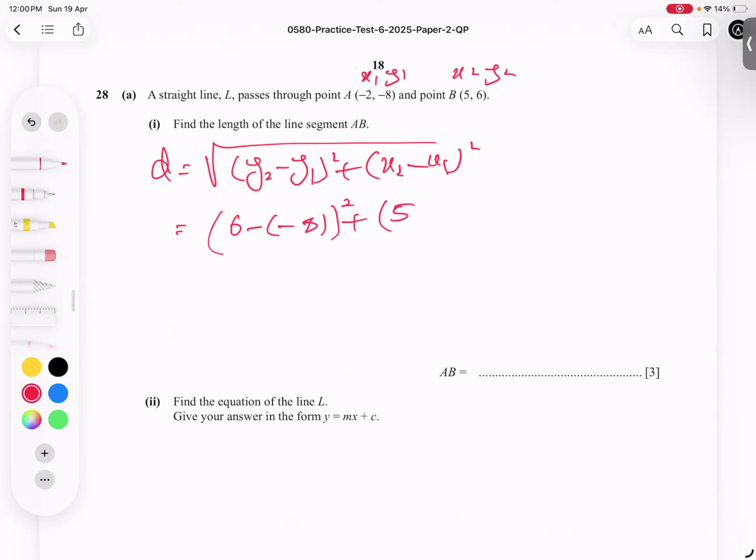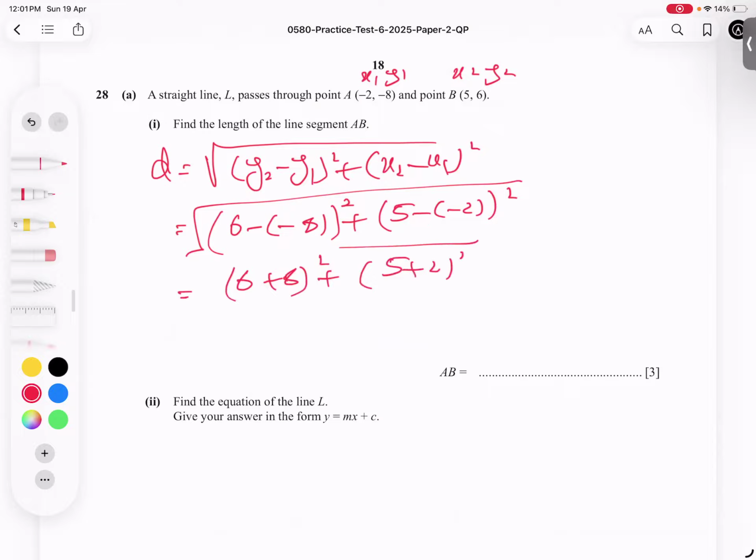So 5 minus and minus 2. Minus plus, I got 6 plus 8 whole square, and minus plus, I got 5 plus 2. So extra care is required. 6 plus 8 is 14, so 14 square, and here 7 square.